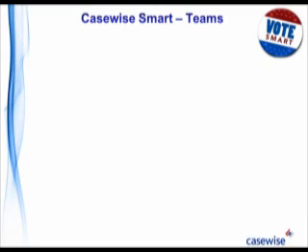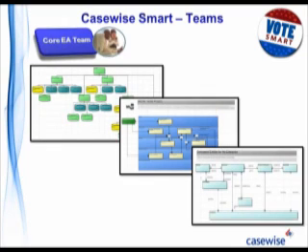From a Casewise perspective, we see our suite of tools and capabilities as enabling this team approach to enterprise architecture. We provide the tools necessary for the core EA team to do what they do best, which is architect, build models, integrate information, and provide the touch points between the various perspectives.